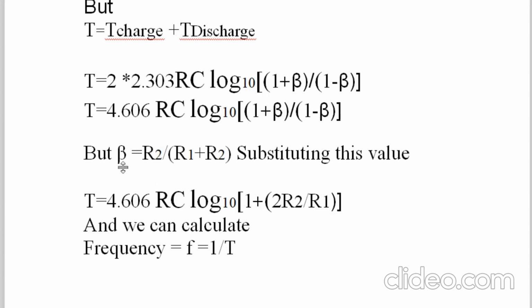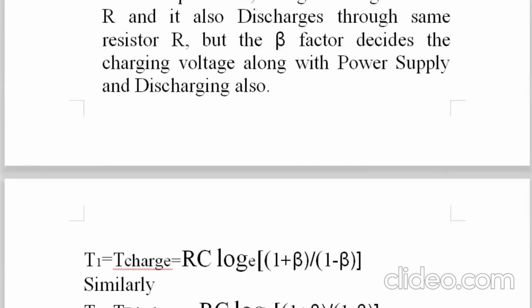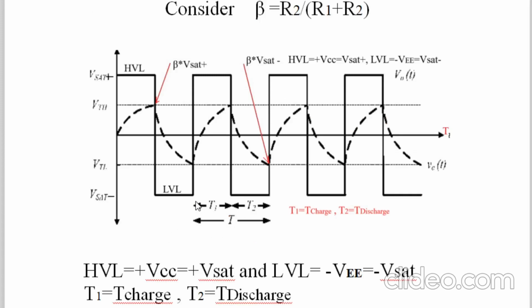If you perform that calculation, you will get T is equal to 4.606 RC log to the base 10 into bracket 1 plus 2 times R2 divided by R1. And this is the total time period of the square wave present at the output. This is the total time from positive edge to positive edge or from negative edge to negative edge.